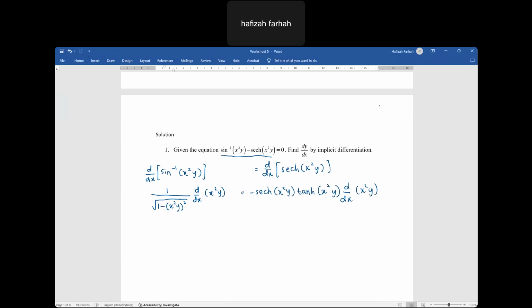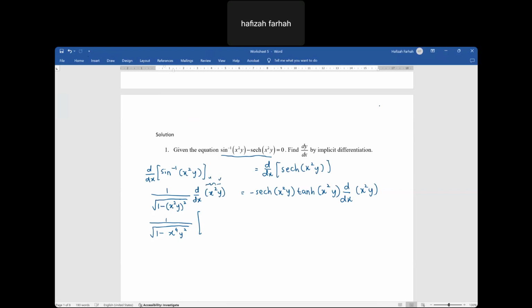Now here, if I expand, I get x to the power 4 y squared. And then differentiate x squared y. Remember, this is a product of two functions, u and v, so we can use the product rule.